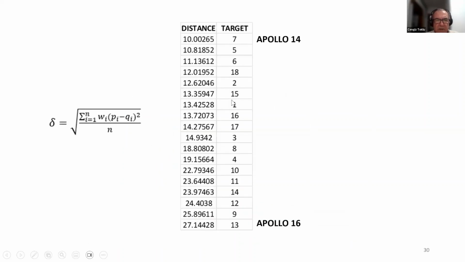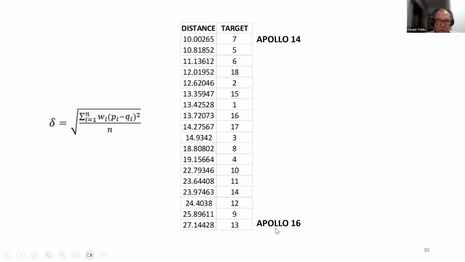Now, the result was like this. So we have seen that the best result we have found was for a soil from Apollo 14, and the worst one was a soil from Apollo 16. That means that even though we used 14 types of materials, the results were very different. So this is the distance measured. So for Apollo 14, the distance measured according to this equation was 10.00.